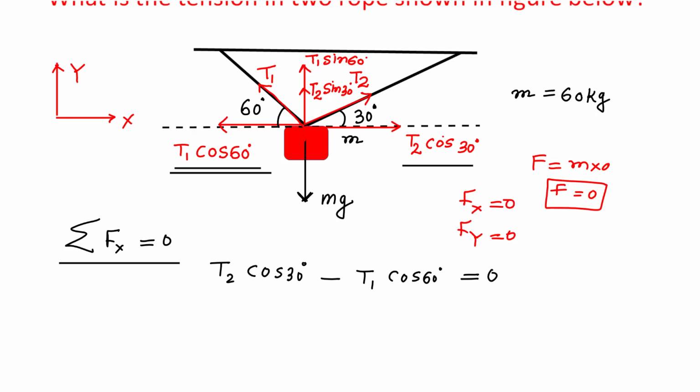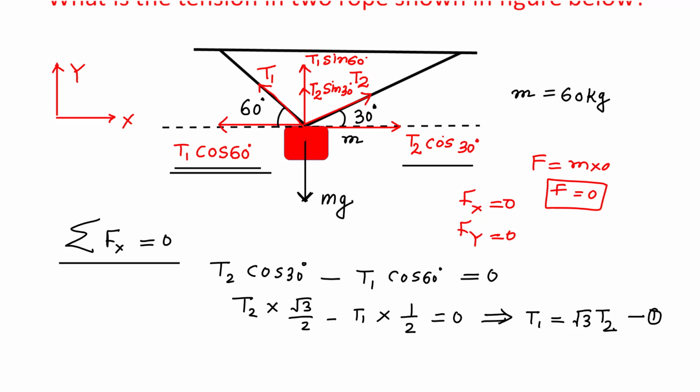So from here, cos 30 is root 3 by 2, and cos 60 is 1 by 2. So we can say T1 is equal to root 3 T2. So we have this one expression.